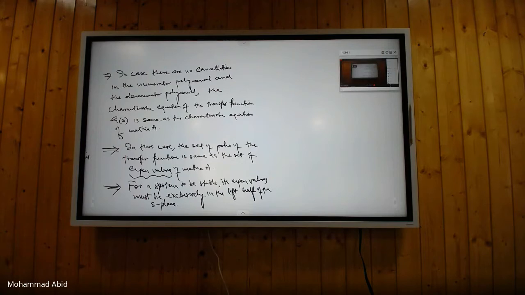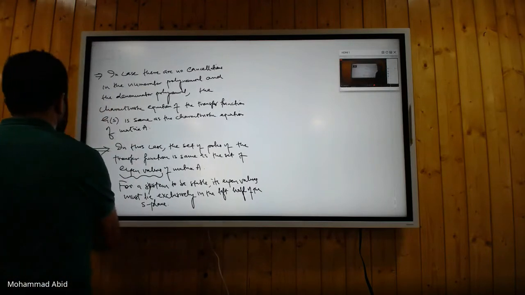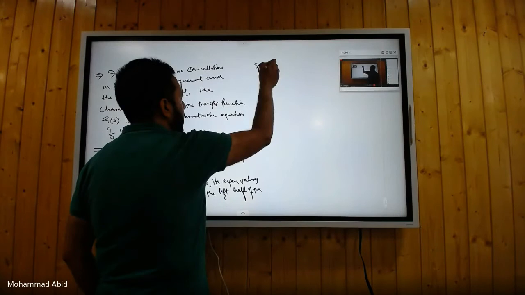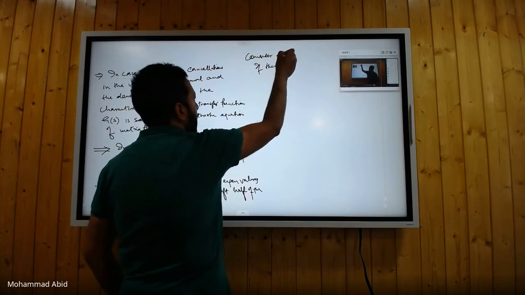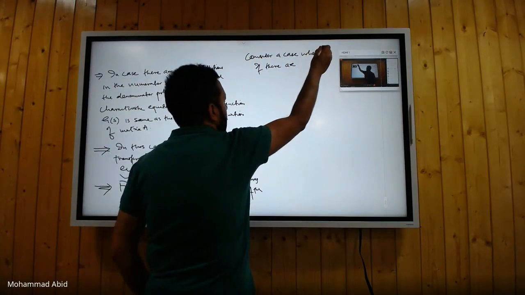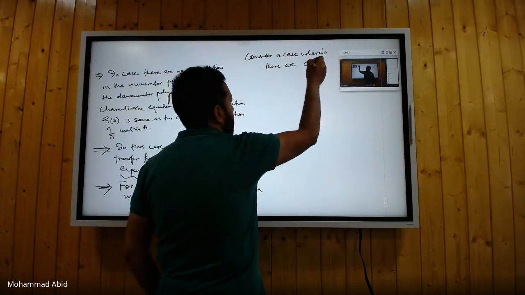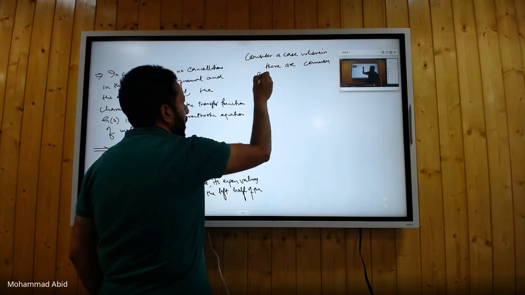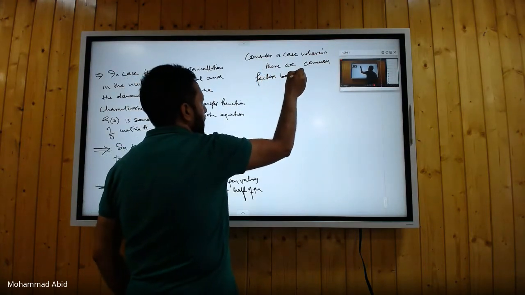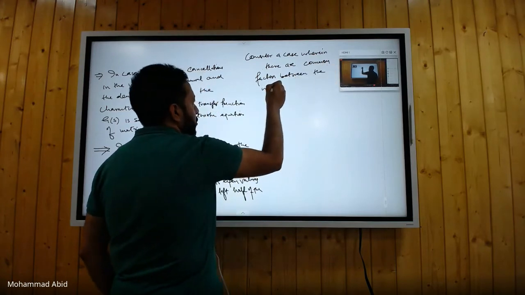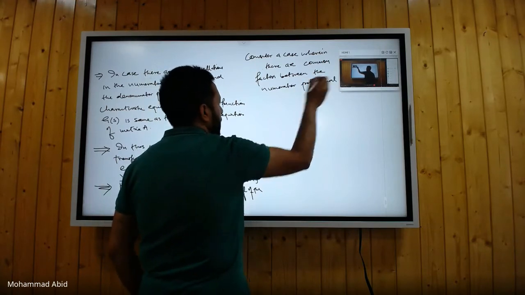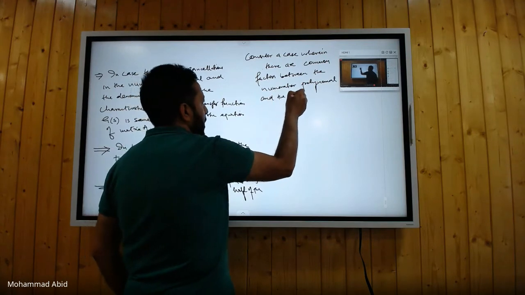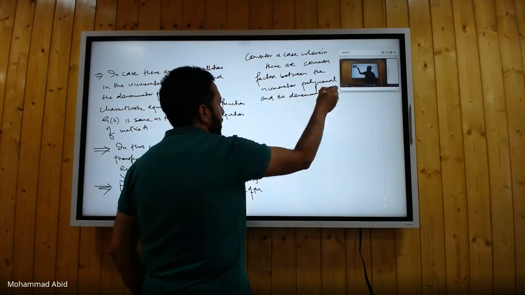Now let's consider a case wherein there are some common factors between the numerator polynomial and the denominator polynomial.